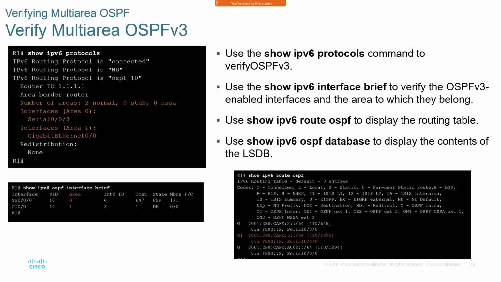The show IP OSPF interface is going to be show IPv6 OSPF interface. The output is also very similar. It's going to tell us the network type and so on. With the show IPv6 route, very similar to the show IP route OSPF.